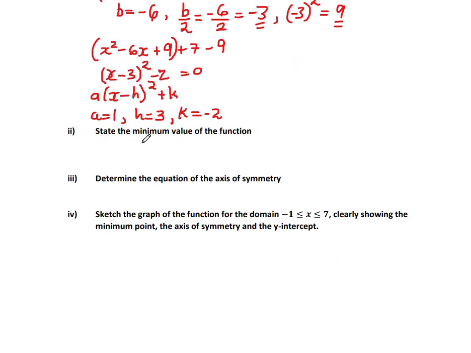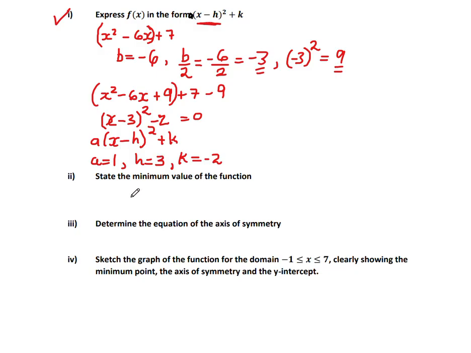In part 2, we're asked to state the minimum value of the function. The minimum value of a quadratic, which is written in vertex form, can always be stated as the coordinate hk. So the coordinate hk here is going to give us the minimum value.